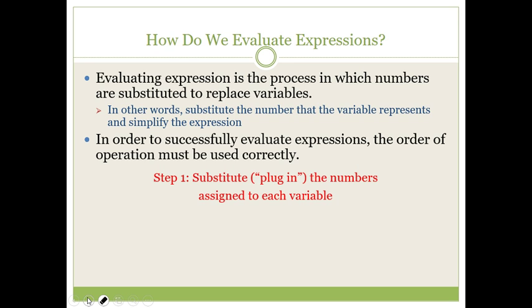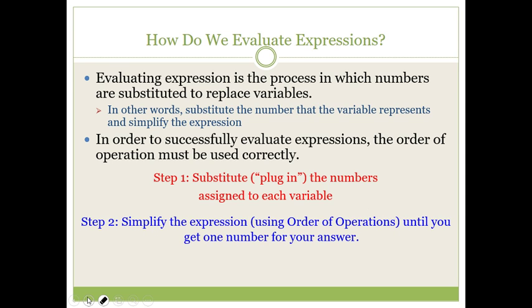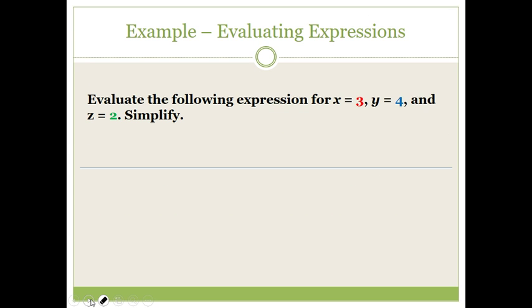We plug in the numbers assigned to each variable, and then we use the order of operations to get our answer. That's what I refer to, if you see me refer to in your notes, as plug and chug. That's what I mean. You substitute in values and you use order of operations to work it out. In math, we refer to that often as plug and chug.